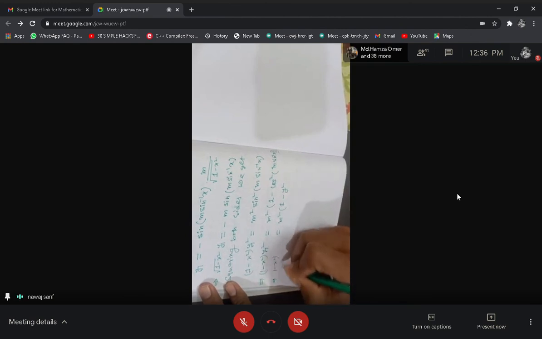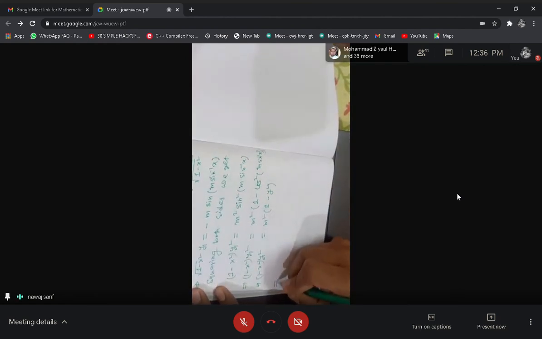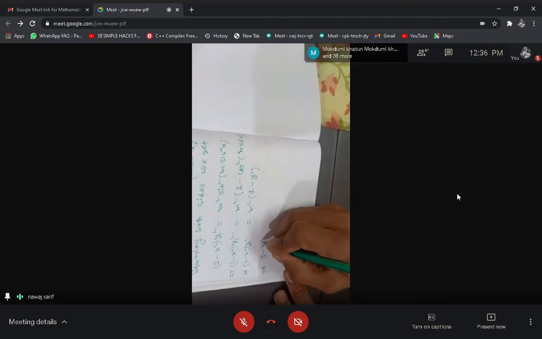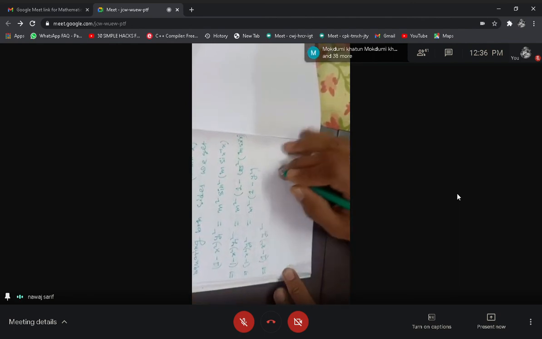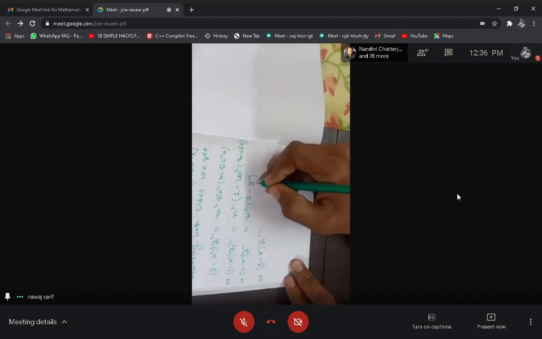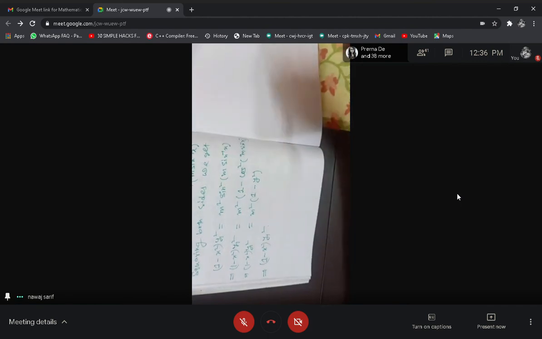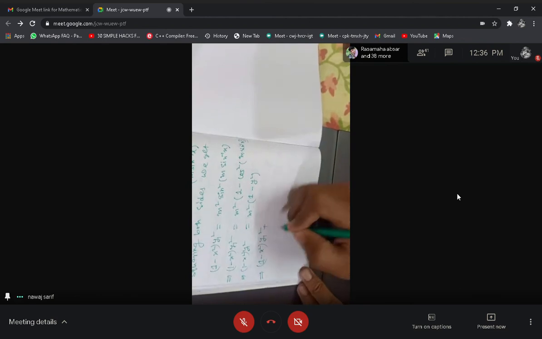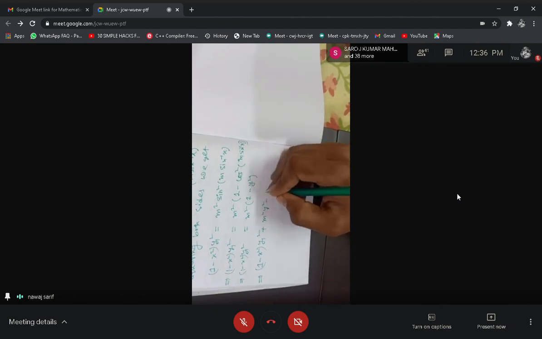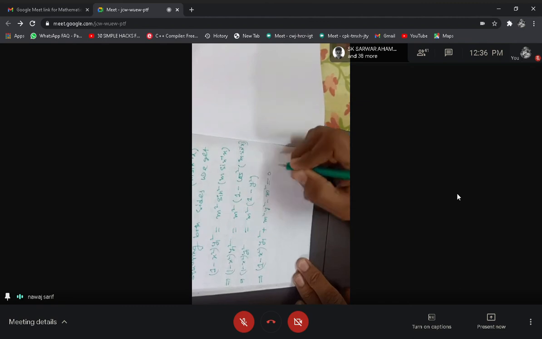So (1 minus x square) y1 square equals m square (1 minus y square). After simplification, we get (1 minus x square) y1 square plus m square y square minus m square equals 0.